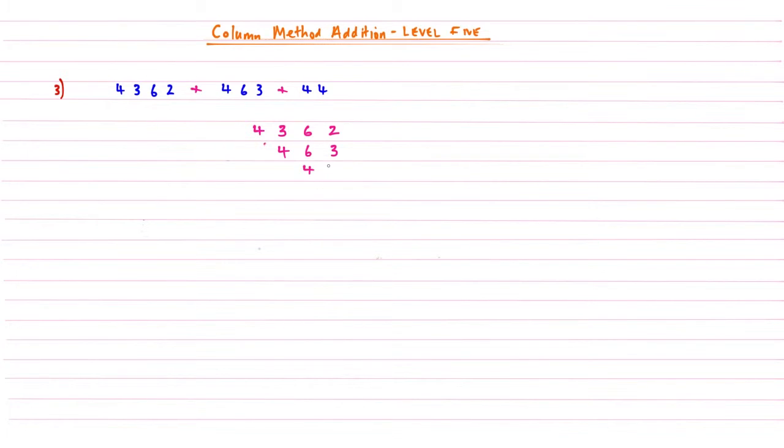So if there were 5 numbers that needed added together, you would just stack 5 numbers on top of one another. If there were 7, you'd stack 7. So it really doesn't matter how many numbers you've got in your question, you just stack them on top of one another, arrange them in columns, and then add each column up separately as you would do usually.